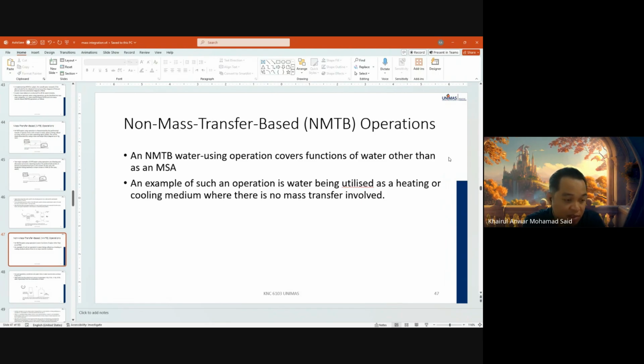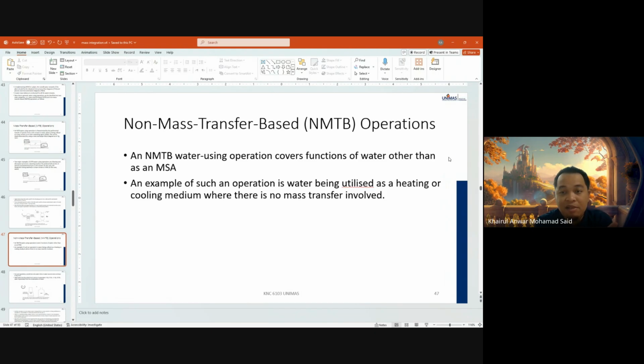Another one is non-mass transfer based. Non-mass transfer based is an operation where water is lost. Meaning water goes through the system and is lost, either evaporated in the cooling water or becoming steam injection. So in this operation, there is no mass transfer between two distinct references.